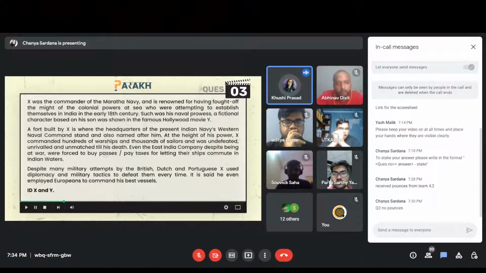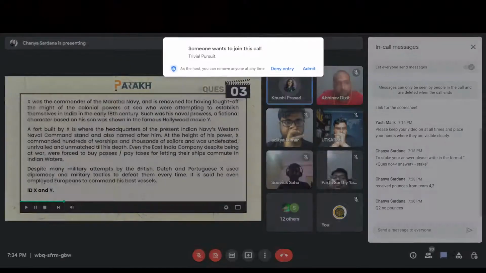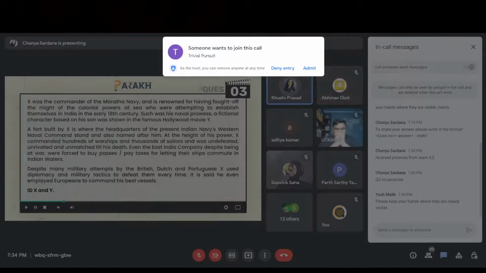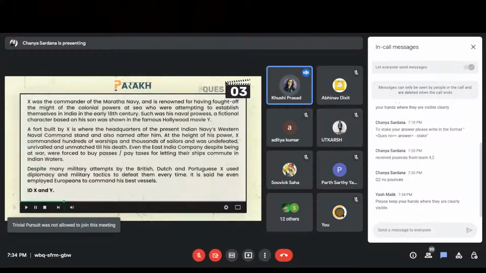Direct for team 3. X was the commander of the Maratha Navy and is now renowned for having fought off the might of the colonial powers at sea who were attempting to establish themselves in India in the early 18th century. Such was his naval prowess. A fictional character based on his son was shown in the famous Hollywood movie Y. A fort built by X is where the headquarters of the present Indian Navy's Western Naval Command stand, and also named after him.